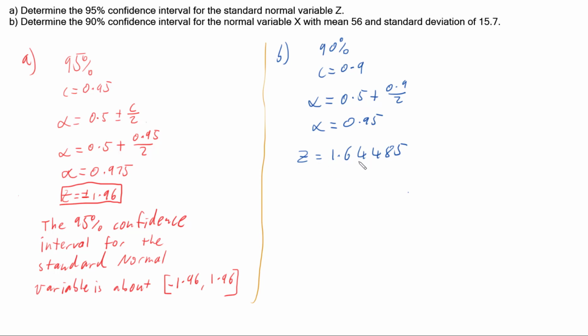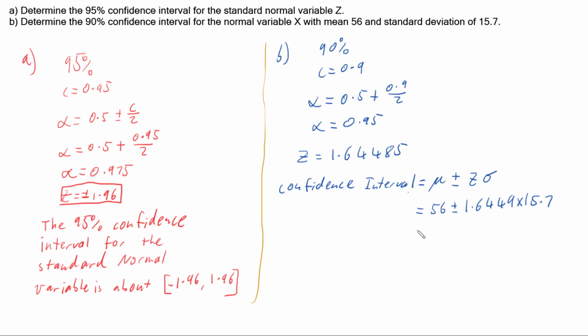This is our upper limit on our z-score, so we can work out our confidence interval. Our confidence interval is given by our mean plus or minus our z-score times our standard deviation. So for us, we've got our mean of 56 plus or minus our z-score of 1.6449, multiplied by our standard deviation of 15.7.